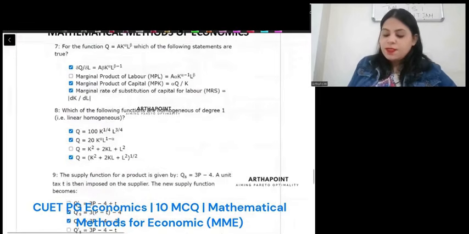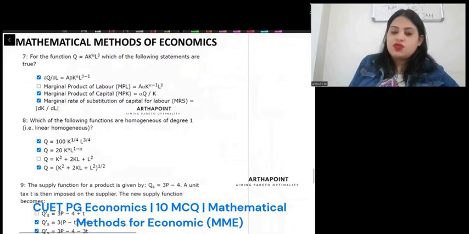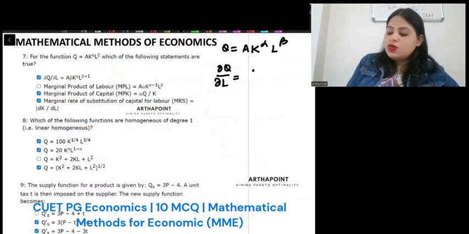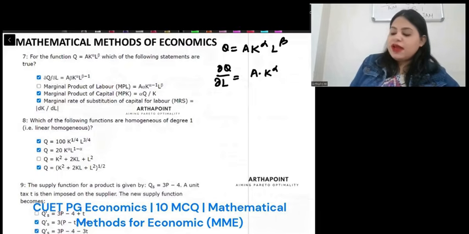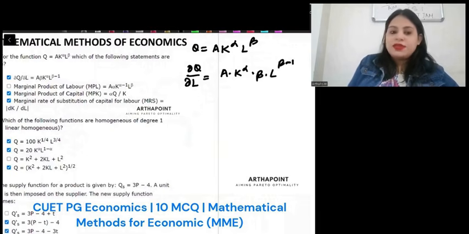Acha ji, next aajo. For the function this, which of the following statement is true? So you're given that Q is equal to A, K to the power alpha, L to the power beta. So if you differentiate this with respect to L, you will get A, K to the power alpha into beta, L to the power beta minus 1. That means this is correct.